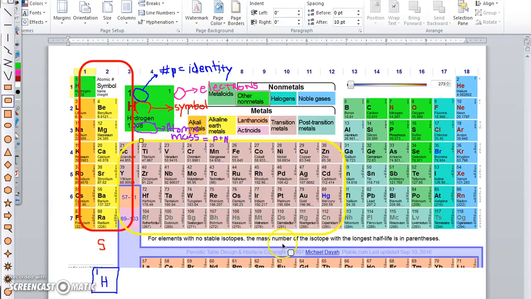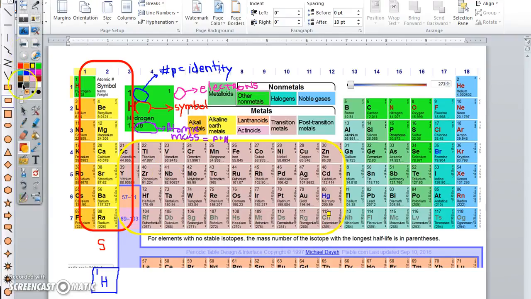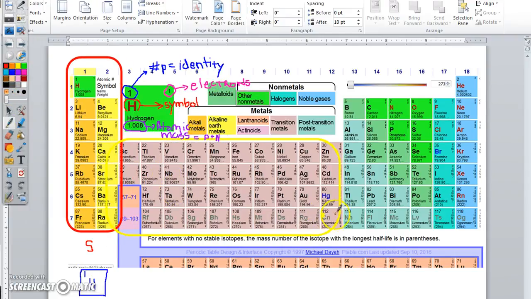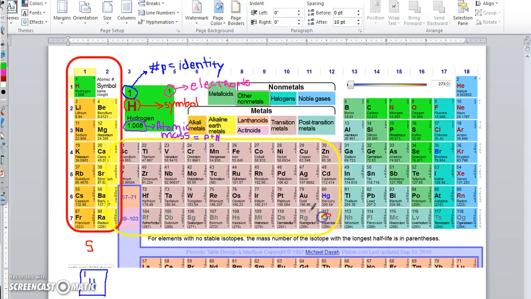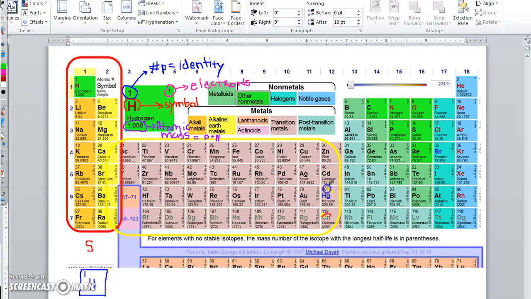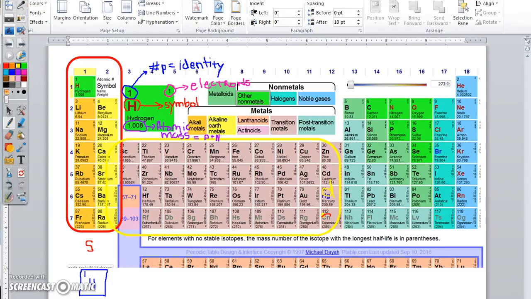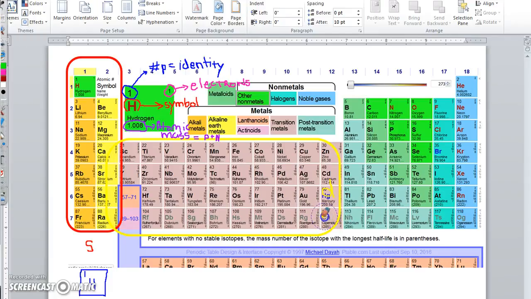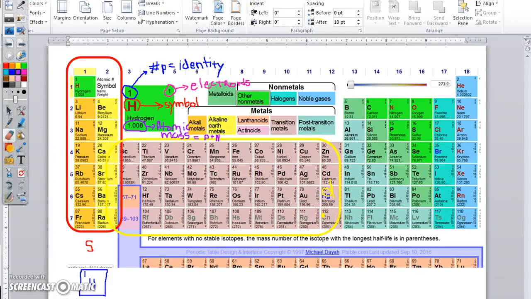So I'm going to write the letter D in bright yellow right here, so we remember that that's a D orbital. Just bear with me while I erase my mistake right here.